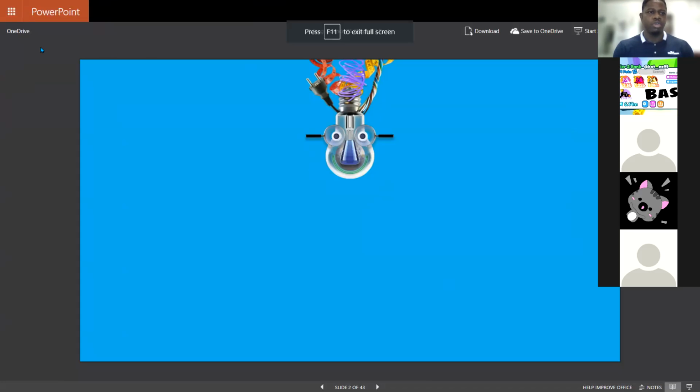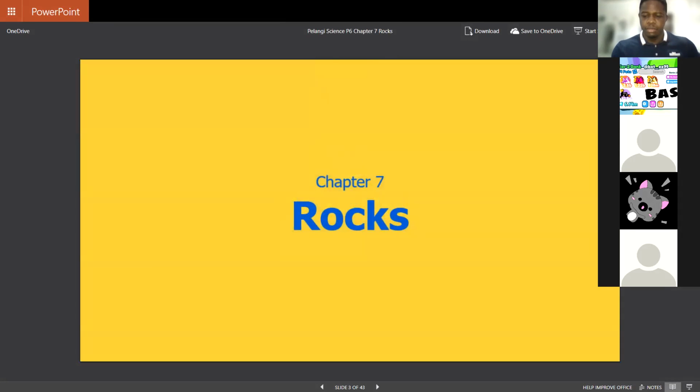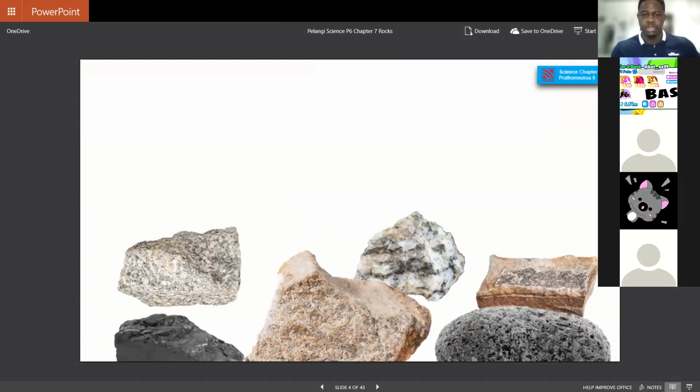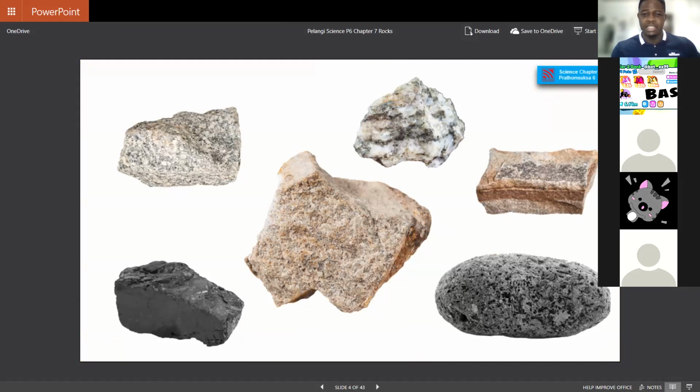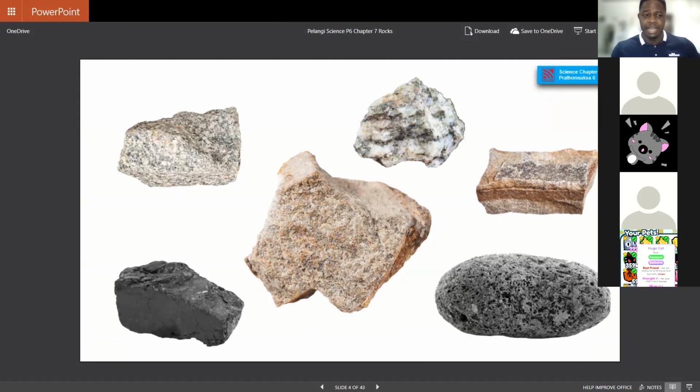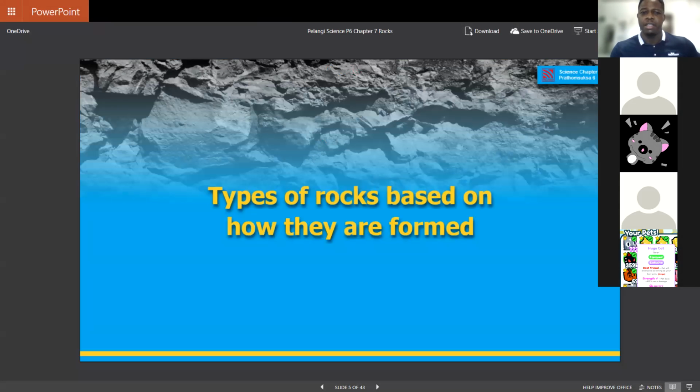Okay, so we're going to start with rocks here. Like you can see, we have different types of rocks on your screen right now. Then the types of rocks based on how they are formed. But before this, we said rocks are a solid substance. They are made of different minerals.